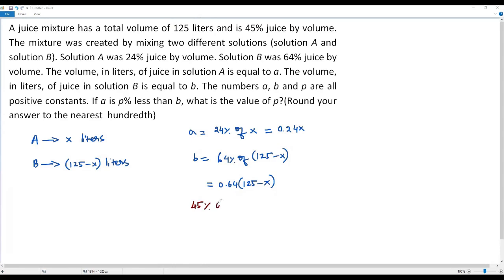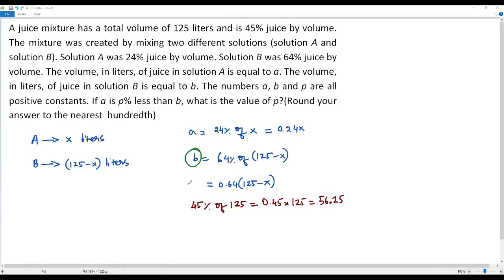That is 45% of 125, that is equal to, we can convert this one to decimal, then we get 0.45, and for of, we can consider multiplication, that is times 125. When I multiply these two values, I am getting 56.25. That is, in the mixture of 125 liters, 56.25 liters of juice we have. Okay, already we know that this lowercase a represents the number of liters of juice we have in solution A.